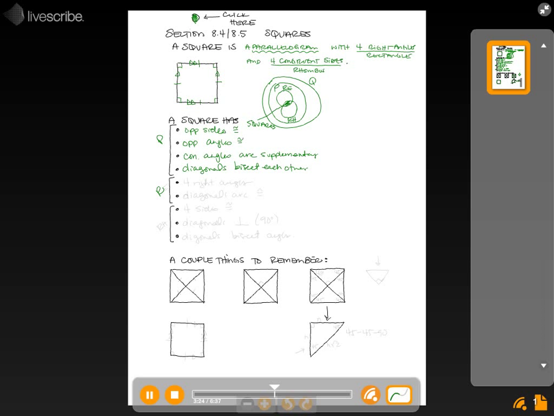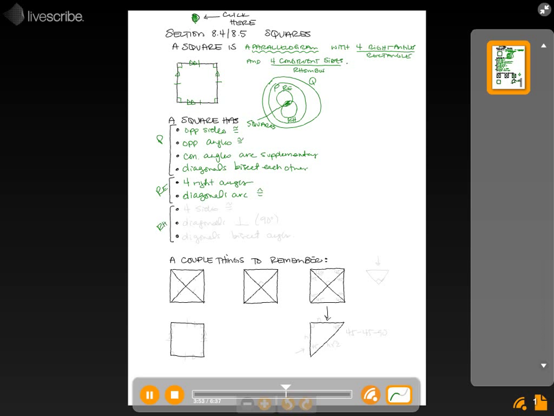Ideas from a rectangle. We said it has 4 sides, 4 right angles, which is in our definition for a square, and that your diagonals are congruent. Okay? So in addition to bisecting each other, they're also congruent. That was your rectangle.